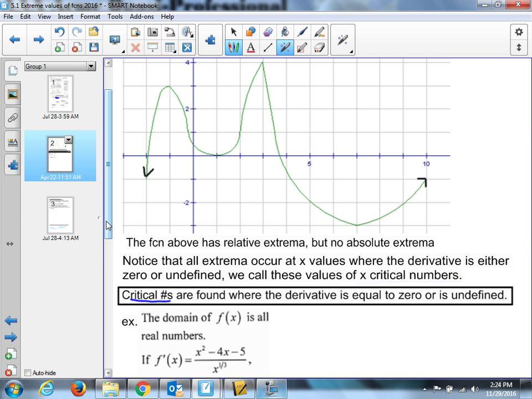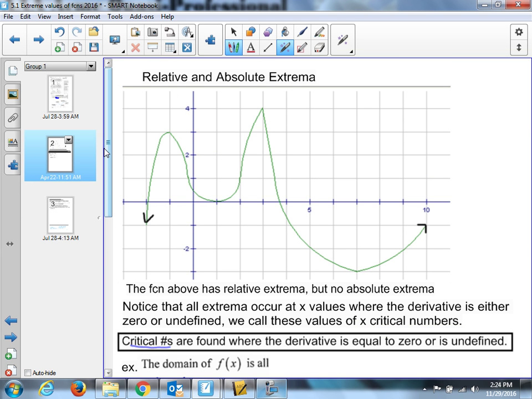Now, just jotting some stuff down here. What would you call this spot around x equals -1 here, the function value? Relative max or min? Max in this neighborhood. Okay, so let's just jot this down. Relative max. And what about the derivative?